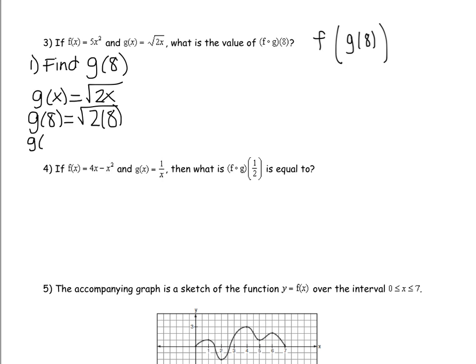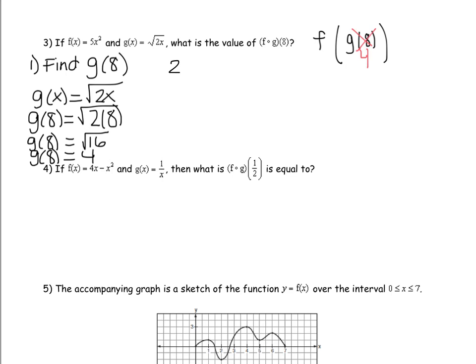So g of 8 equals radical 16. What's the square root of 16? You should be telling me 4. So g of 8 equals 4. So again, I'm going to cross off g of 8 and put 4 with what it is equal to. So now, in order to finish the problem, I need to find f of 4.